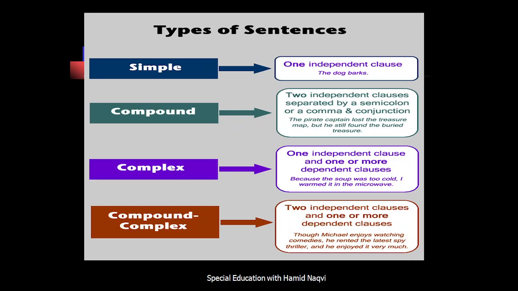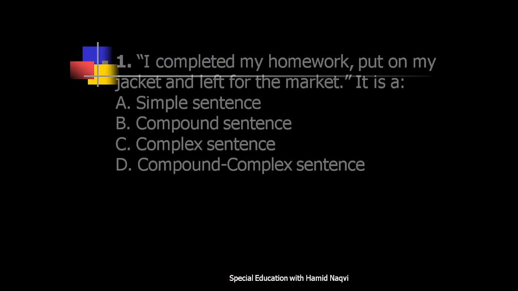So: though Michael enjoys watching comedies, he rented the latest spy thriller and he enjoyed it very much. The last two clauses are independent clauses. The first one, that is, though Michael enjoys watching comedies, is a dependent clause. Now let's have practice.